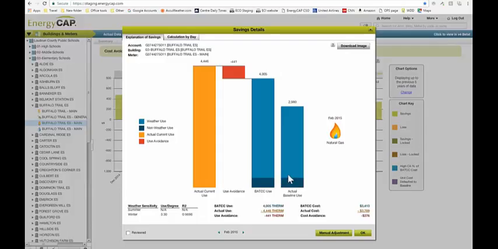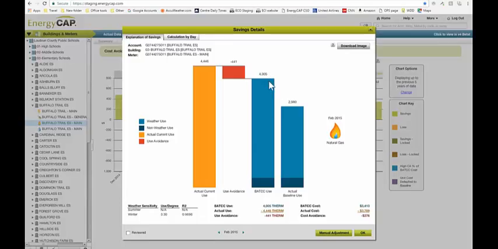And then you see the adjusted baseline. Notice the adjusted baseline was adjusted way up. The weather was really cold in Feb 2015 compared to Feb 2013. Therefore, we made an upward adjustment in the baseline because we want to compare a really, really cold month with a baseline that's adjusted to look like a really cold month.